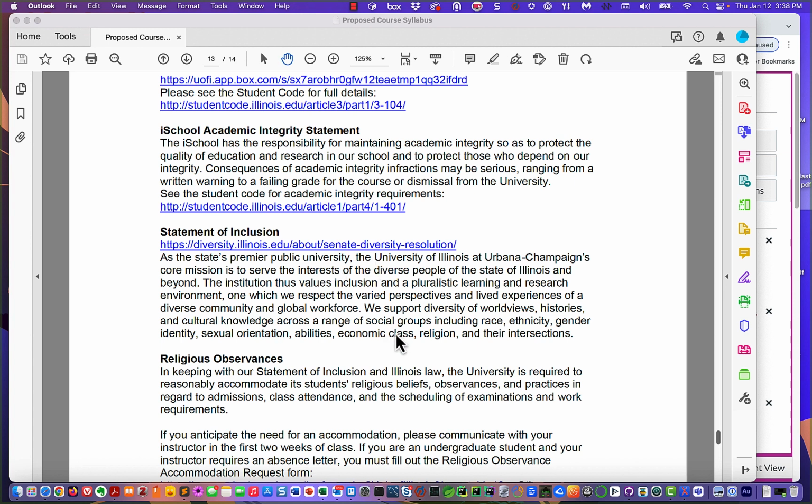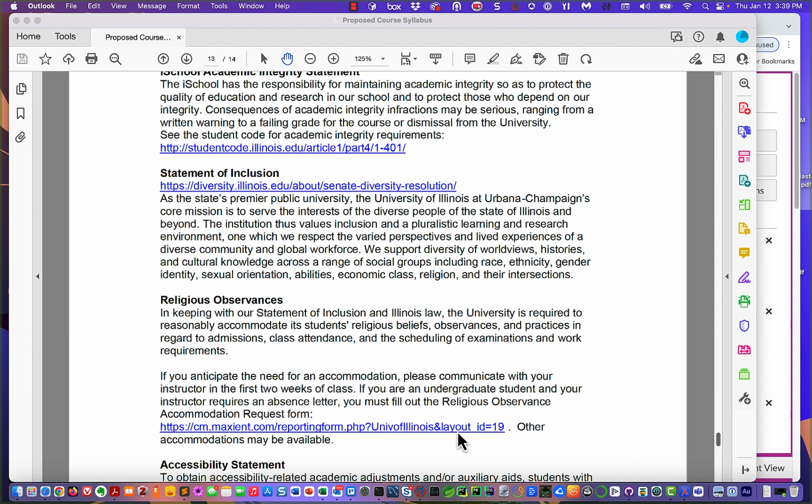Statement of inclusion: you're all welcome here, and it's our intention to treat you respectfully, and for you to treat each other equally respectfully. If that's not happening, we've got to fix that. More to read.